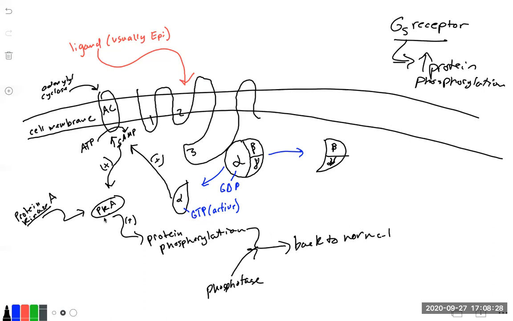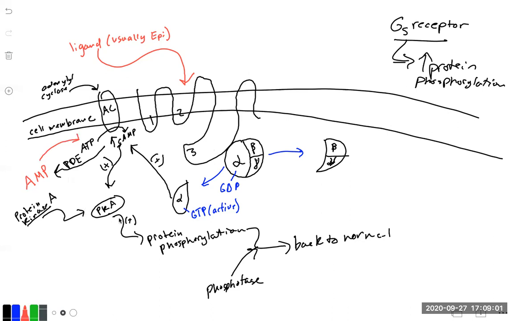Well, we still have really high cyclic AMP. How do we fix that? Well, we've got another enzyme called phosphodiesterase. And that will break the diester bonds that are making cyclic AMP cyclic and convert cyclic AMP back to AMP. And then AMP, through other reactions, can go back to ADP.